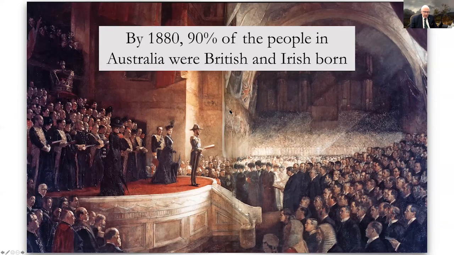Now we're getting up into 1880. By then 90% of the people in Australia were British and Irish born. So you can see that it's not a kind of place like the United States, where we had people coming from all sorts of countries.